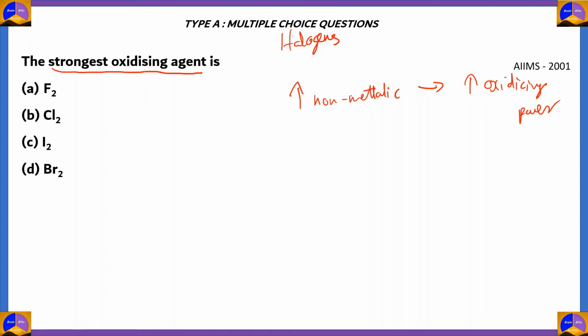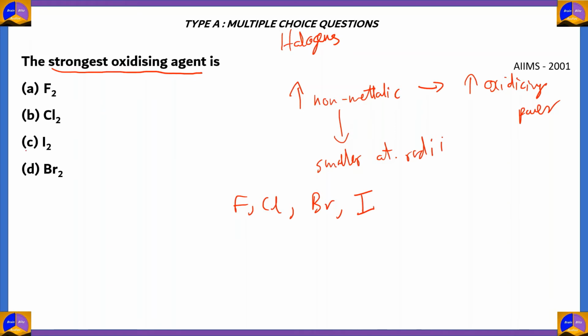And usually the higher non-metallic character elements are having smaller atomic radii. So when we have elements with smaller atomic radii, they have more non-metallic character, or conversely less metallic character. So therefore, among halogens, the order for atomic radii is fluorine first, then chlorine, then bromine, and then iodine.